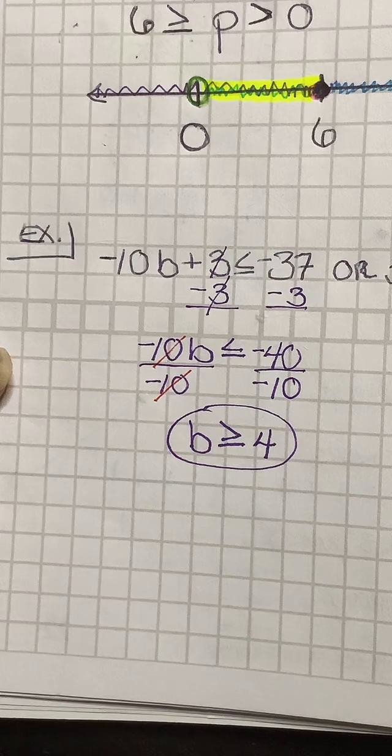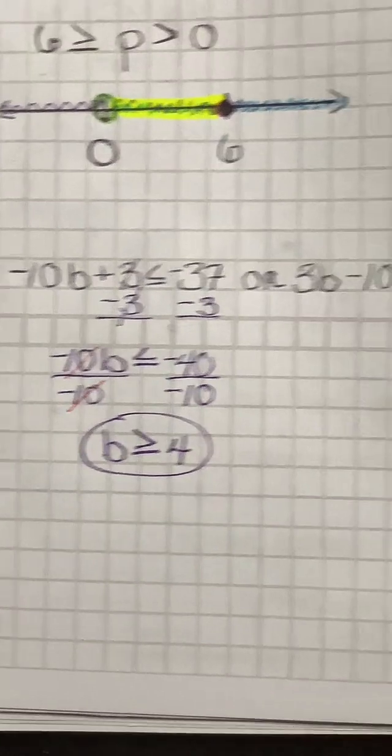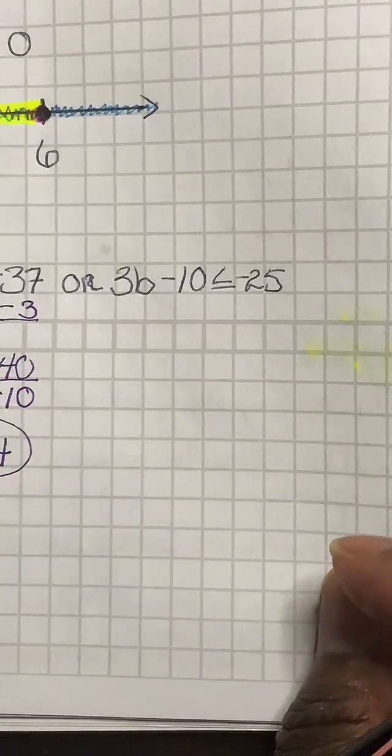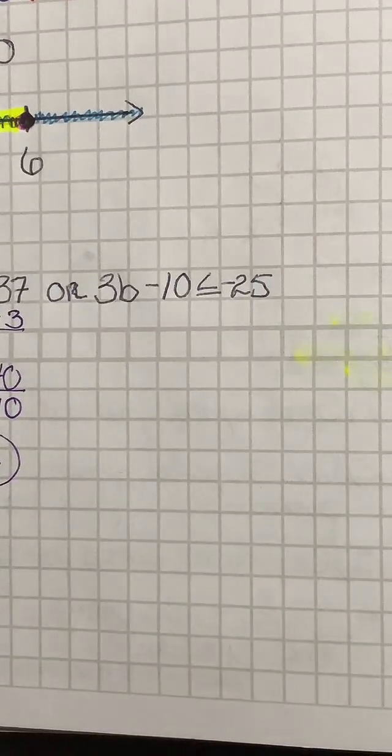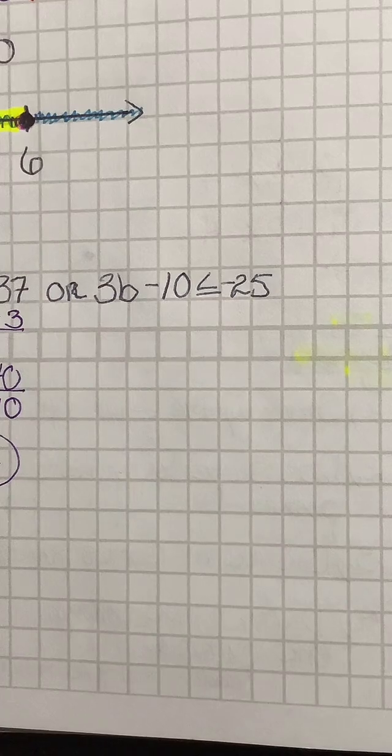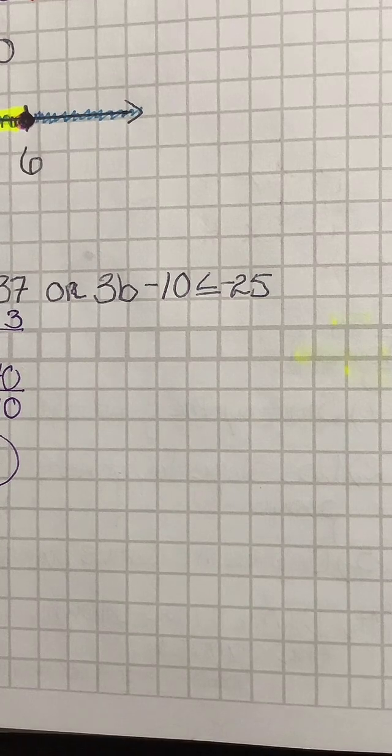Now, we need to work on the other side. So I'm going to slide this over. All right. What should we do first? Okay, Tornado Chaser saying plus 10. Okay, C4 says add 10.